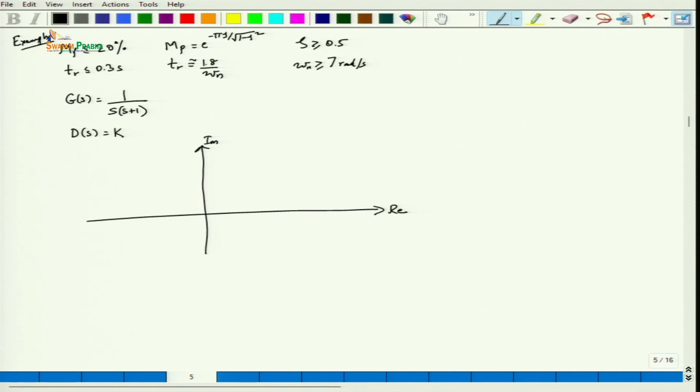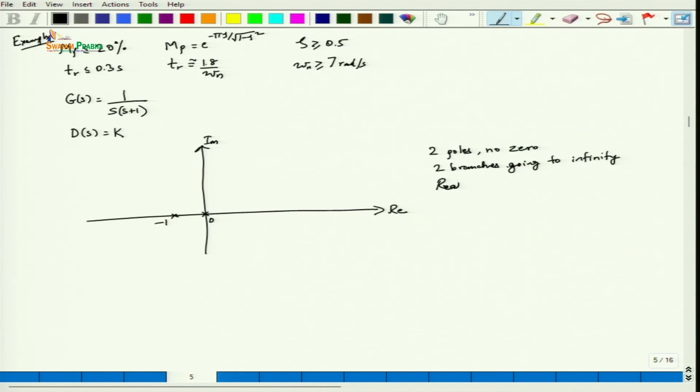In this case, there are two poles, one at s equal to 0, second at s equal to -1. There is no zero, two branches going to infinity.